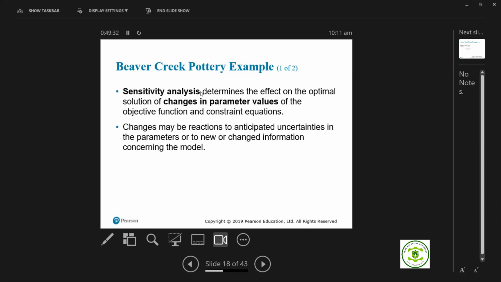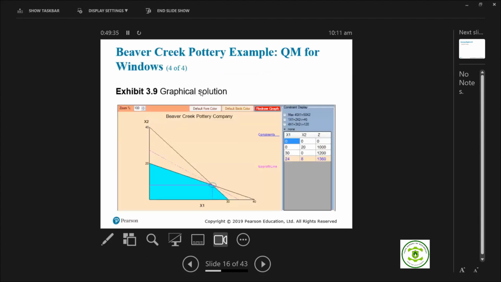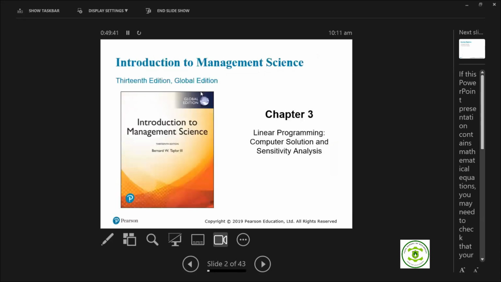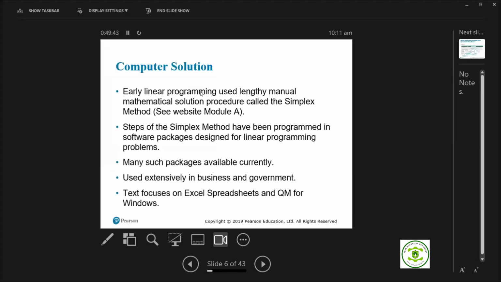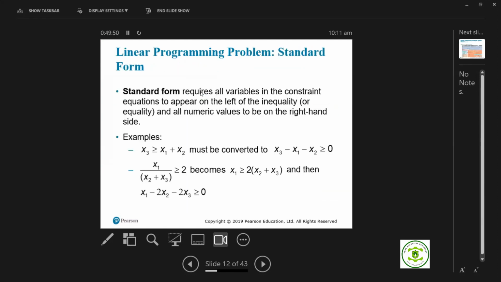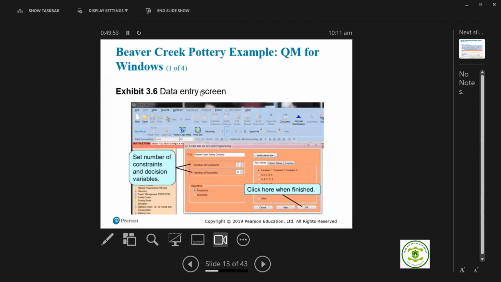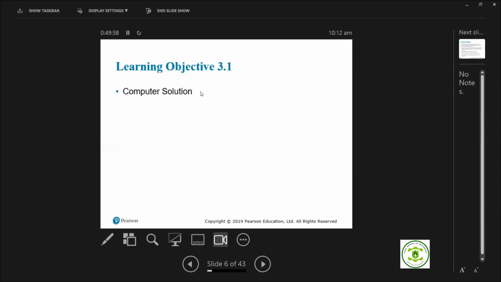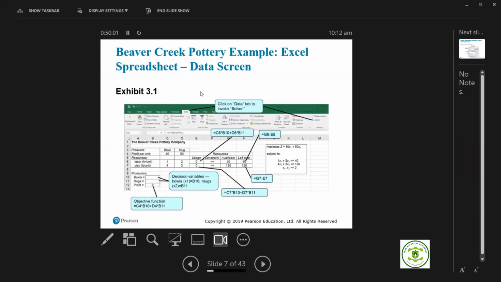So if we get back to the model, I'm talking of these parameters: 40, 50, 1, 2, 4, 3, 40, 120.